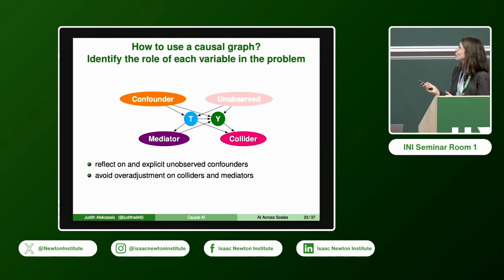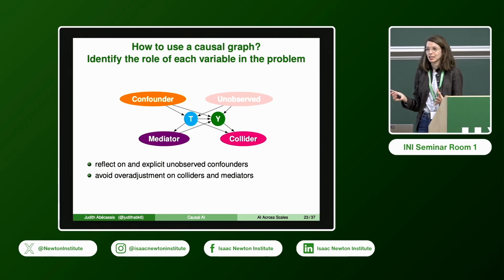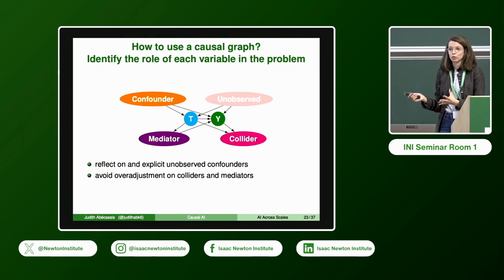And it can also help you spot that there are some variables that you would find important, and that could be potential confounders that are unobserved. So once you have a graph with all those groups of variables, it's sort of straightforward to pick an adjustment set for your problem, and also to reach the conclusion that maybe your problem is not identifiable because you have too many unobserved confounders.